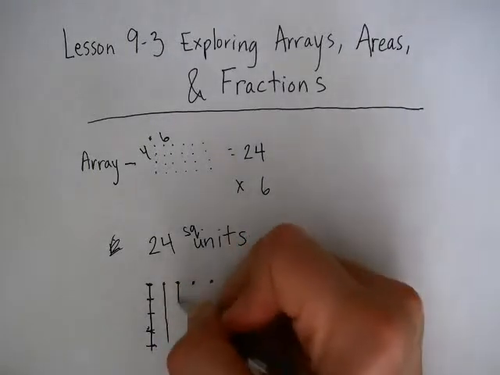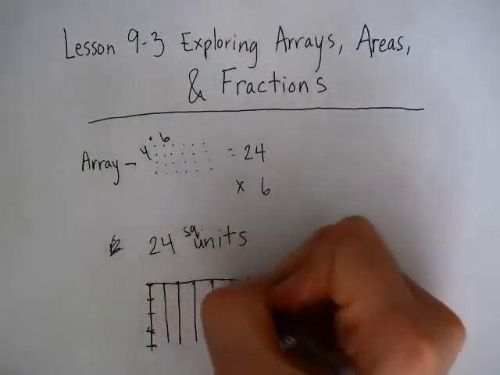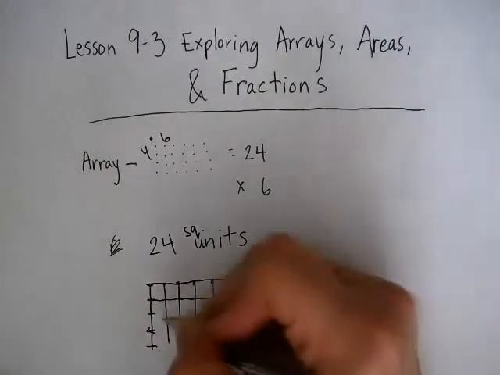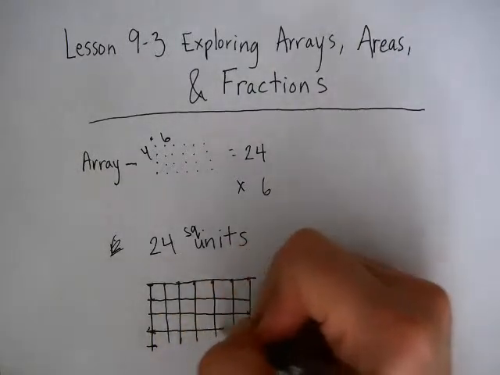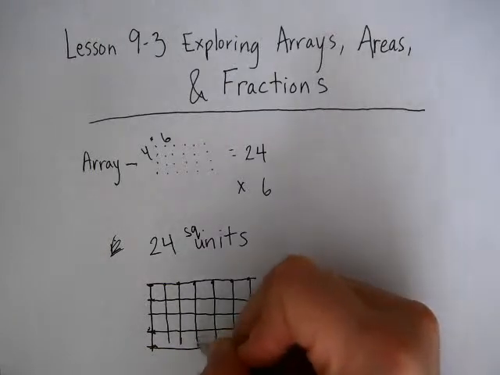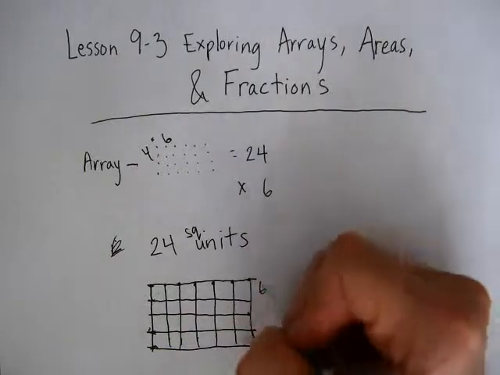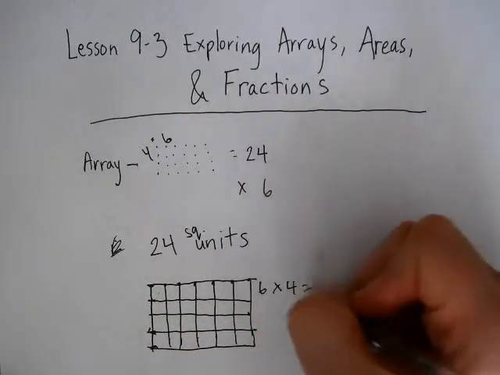And then it would turn out that they would have squares, and this isn't my neatest drawing, but it's going to look something like this for them. They'll be able to draw that out and say, okay, now I have 6 squares across, I have 4 squares down, 6 times 4 is 24.